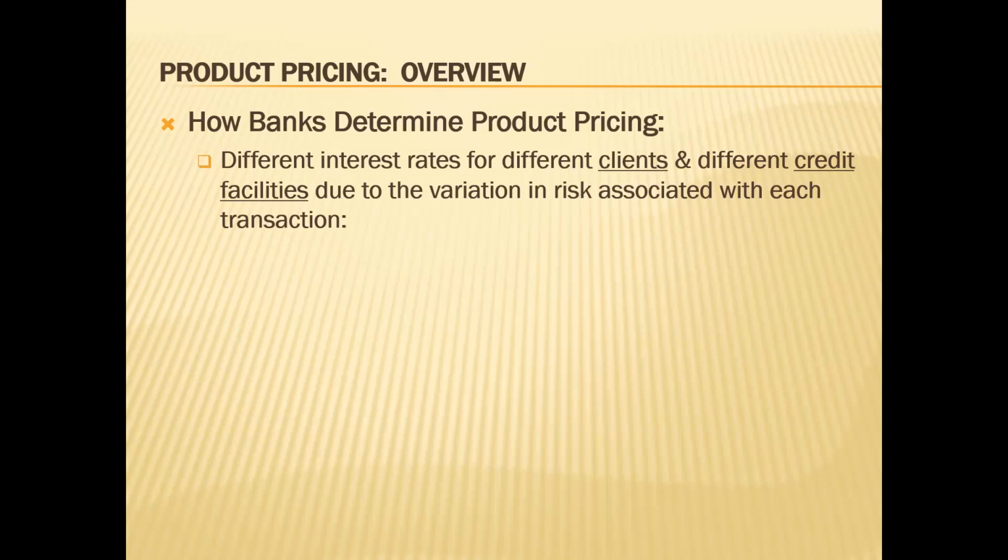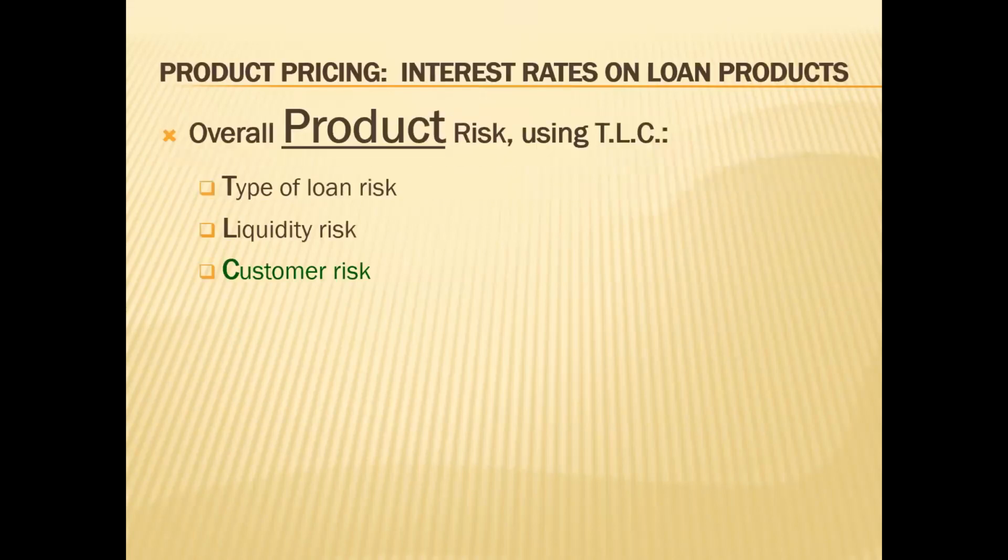Remember, we said customer risk was one of those items in TLC, the C in TLC, and then TLC deals with the product. So different credit facilities, due to the variation in the risk associated with each transaction. So we've come back to those two points. Okay, so let's start with TLC, the overall product risk, the type of loan risk.